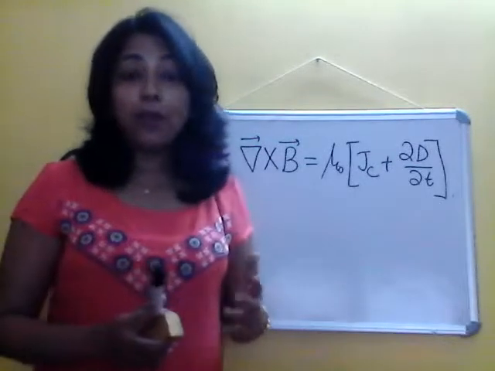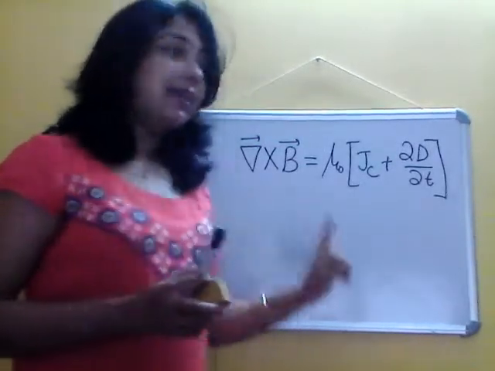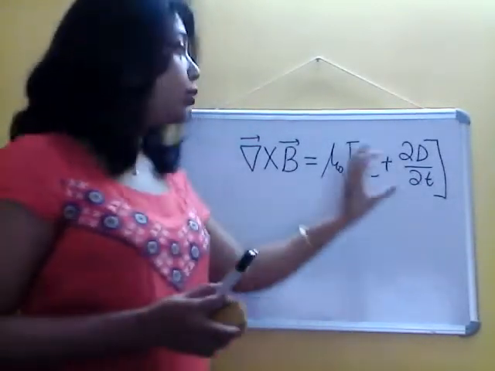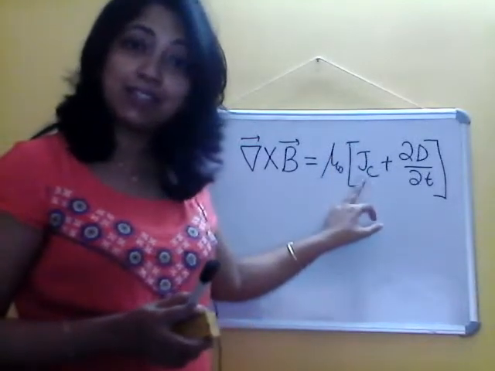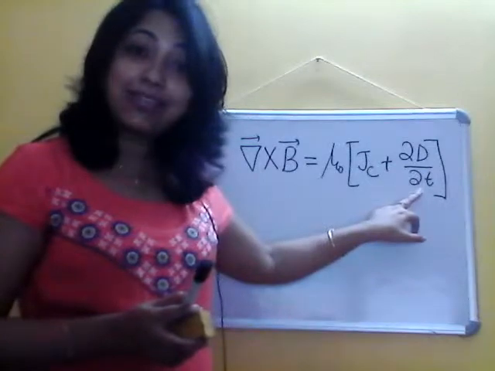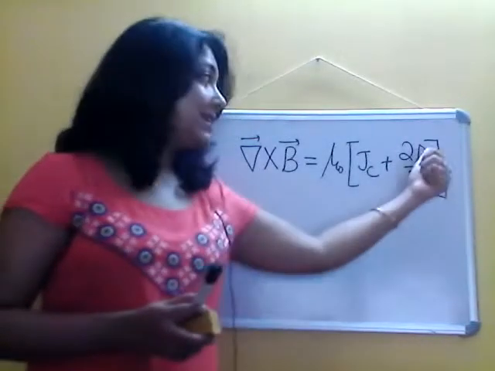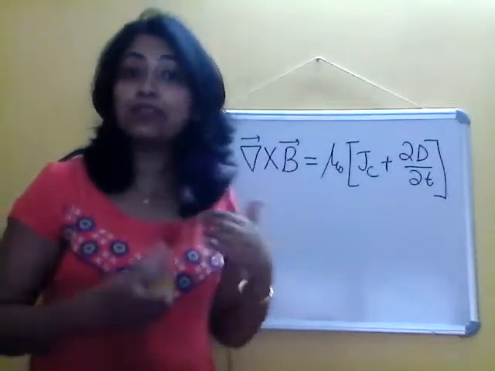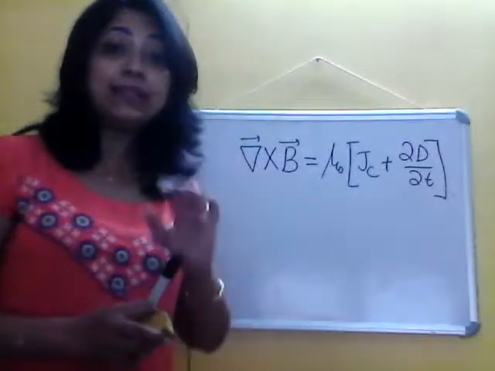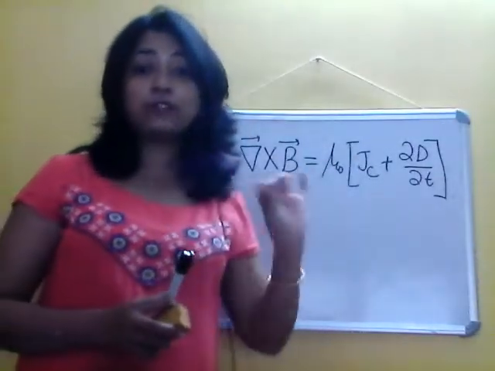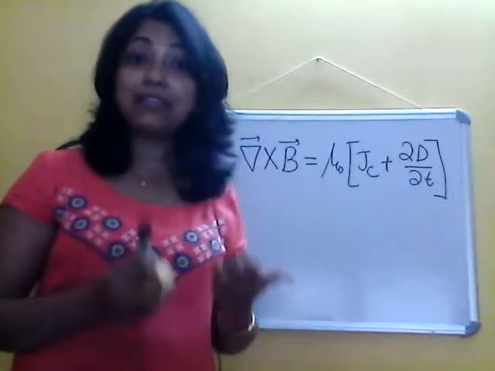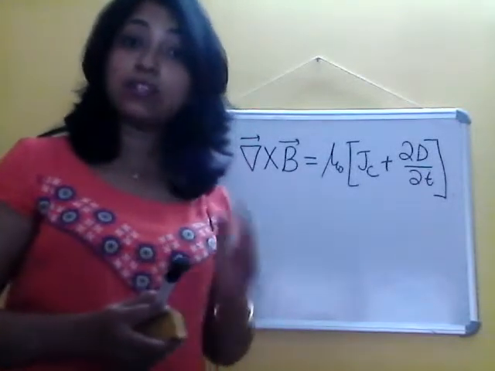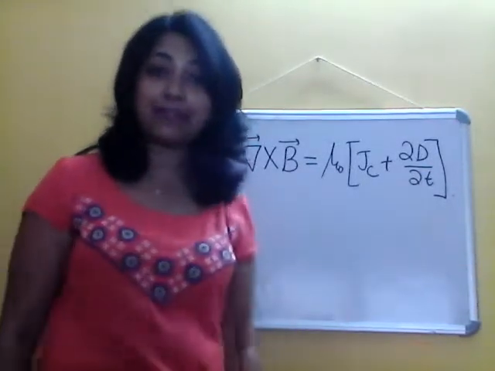And the other point which I want you all to understand is the production of this magnetic field. This magnetic field has been produced not only by the moving charges but also because of the time change of an electric field. This D has epsilon 0 E, and this E was, remember, changing with time because of the AC source. So not only the general conduction current, or the movement of charges, can produce a magnetic field, rather this new type of current which we called displacement current is also capable of producing a magnetic field.